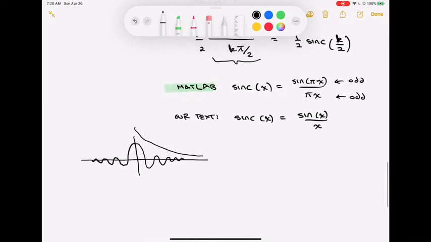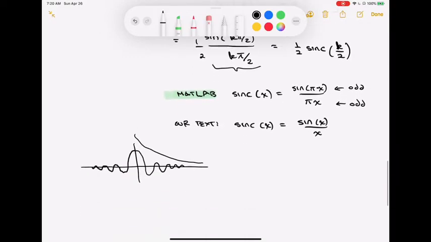So let's go back to what we had up here. Oh, and I didn't mention this, but I probably should. If you look at the case of x equaling 0, you get sine 0 over 0, which is 0 over 0, an indeterminate form. So if I look at sinc of 0, you get a 0 over 0 indeterminate.